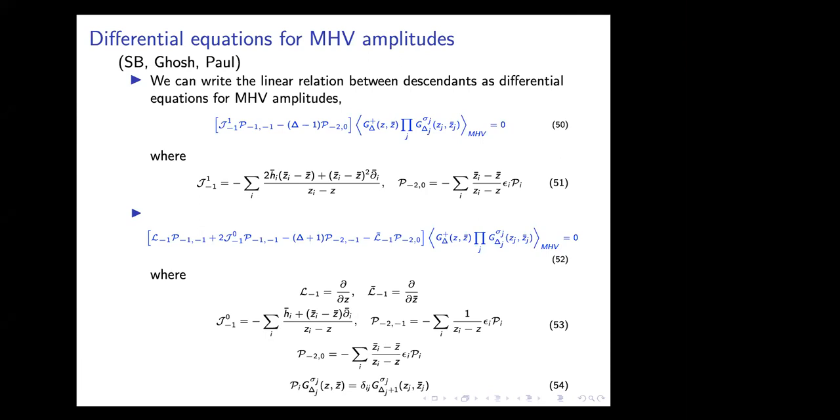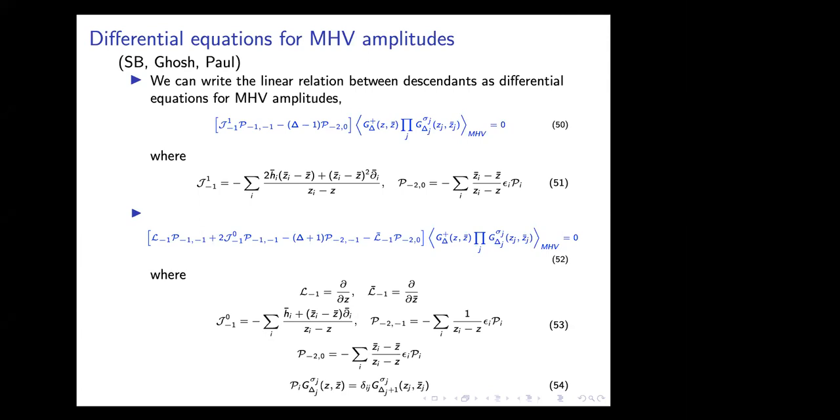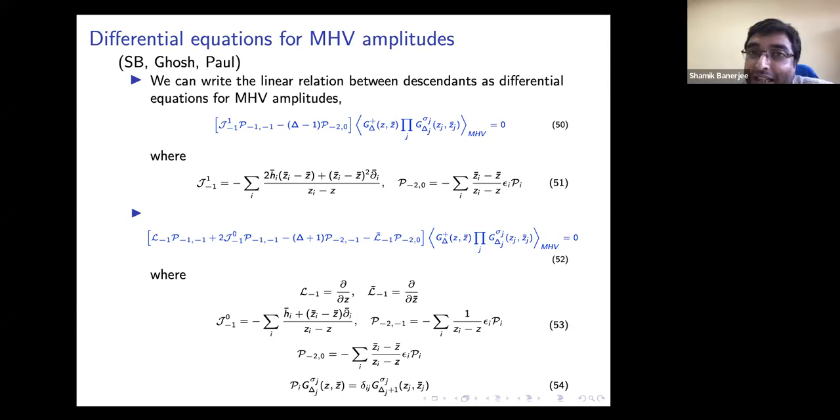I have a sort of global question. The MHV amplitudes are known already, right? So what is there to understand from learning these extra constraints? So basically the goal was not to get the MHV amplitude in this way. Our goal was actually to see what the symmetries are in asymptotically flat space.